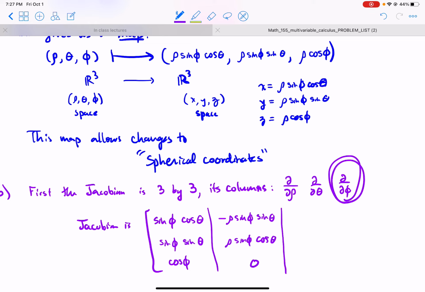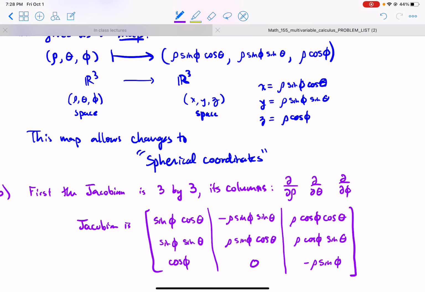The third column now, differentiate with respect to phi. Here we have sine becomes cos. Here we have sine becomes cos. Here we have cos becomes minus sine. That is the third column of the Jacobian.